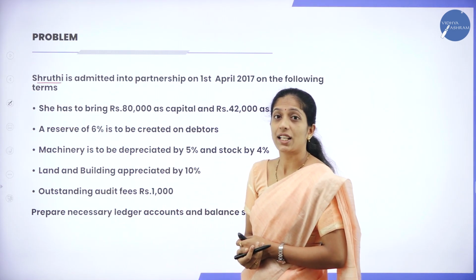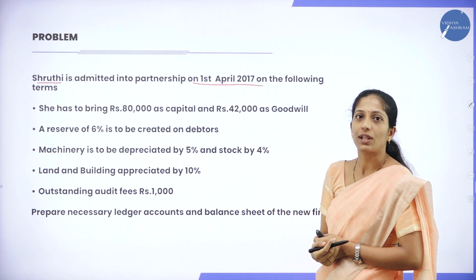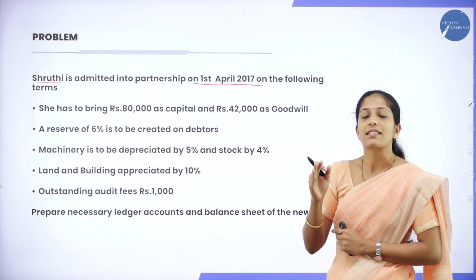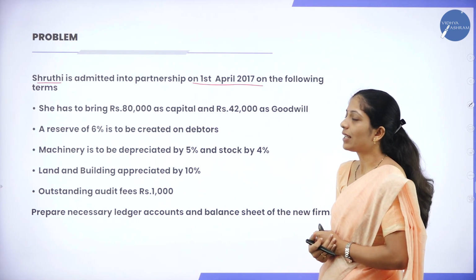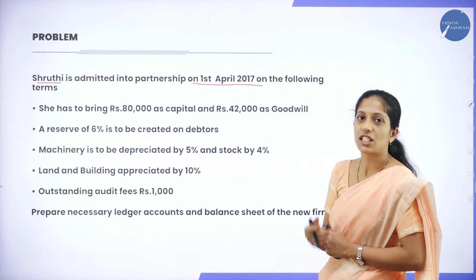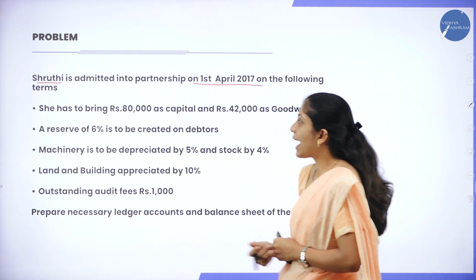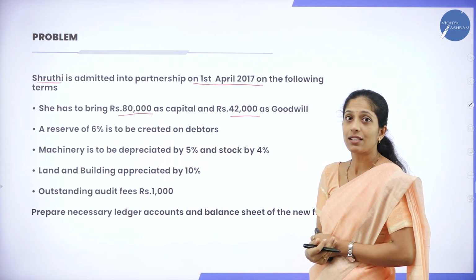Shruti is admitted into partnership on 1st April 2017. So old partners are Raga and Tala and Shruti is a new partner on the following terms. Let us see what are the terms they have given about the admission of a new partner. She has to bring 80,000 as capital and 42,000 as goodwill.